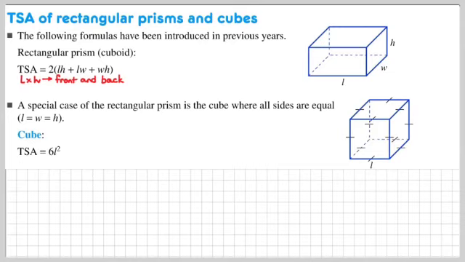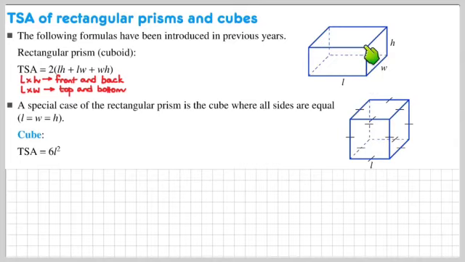There's two of them, so it's 2 times L times H, and we have L times W. This is the length and the width there, so that gets you the bottom, doesn't it? And also the top, because if you were to slice the same shape as you got on that bottom face, all the way up there you get the same cross-sectional area, like slicing a piece of bread.